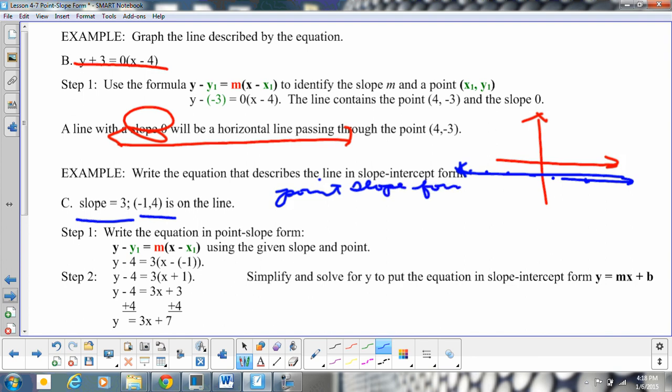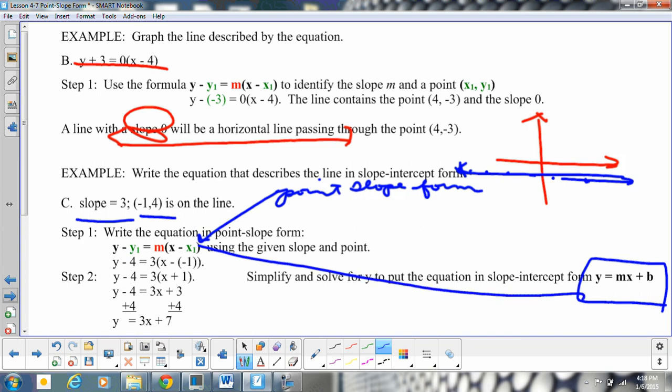This time we're asked to write it in slope-intercept form, which is y = mx + b. So we want to get from point-slope form to this equation. How do we do it? It's easy. Simply solve for y.